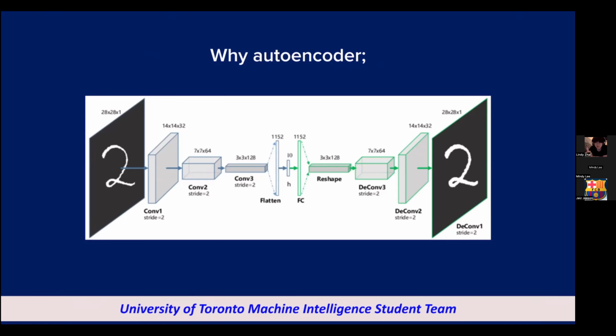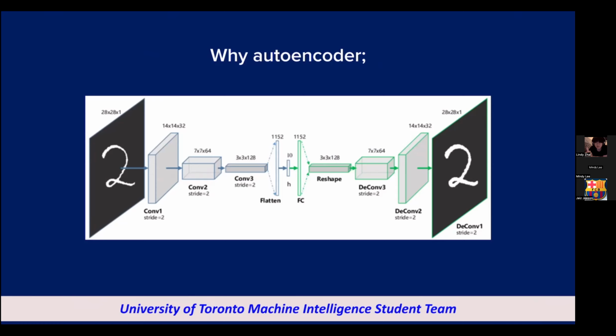You can imagine it as a layer that just has all the condensed information, condensed features from the original inputs. And then by connecting again to the fully connected layer, we're trying to restore the original pictures.